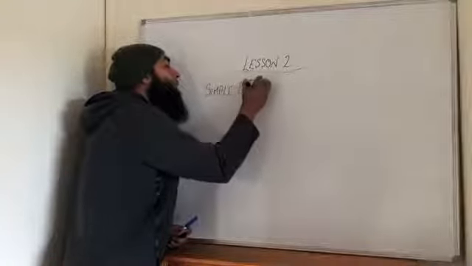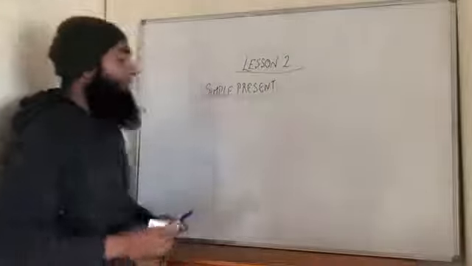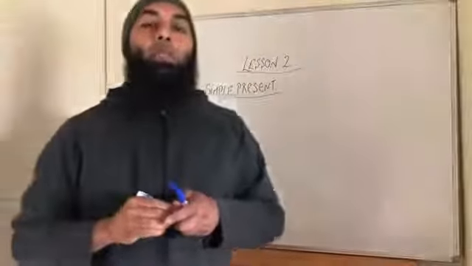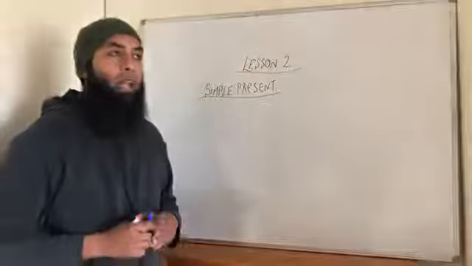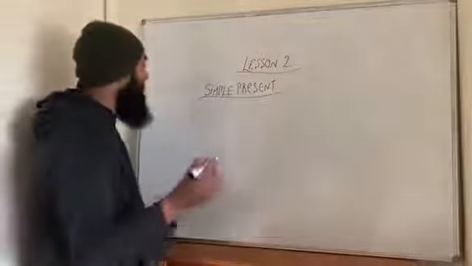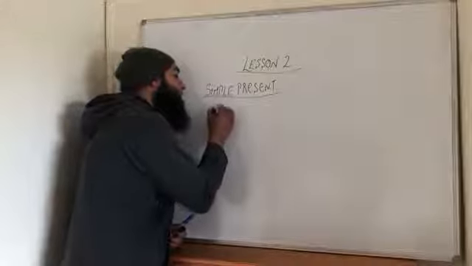First of all, we're going to talk about what sentences we can make in simple present tense. Whenever we talk about simple present tense, we talk about things which we do regularly, the things which are done by us regularly.